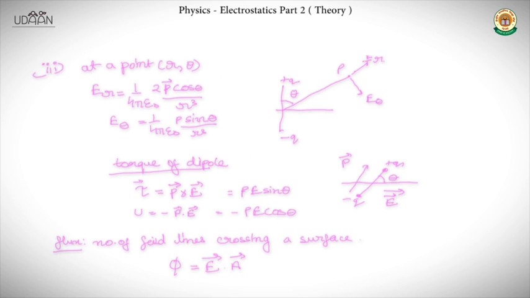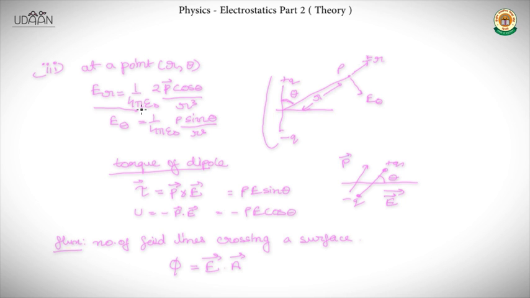Electric field at a point r comma theta. Suppose the dipole is placed like this, and we need to find the electric field at a point P which is at an angle theta defined like this and a distance r. So for that, this is the formula.